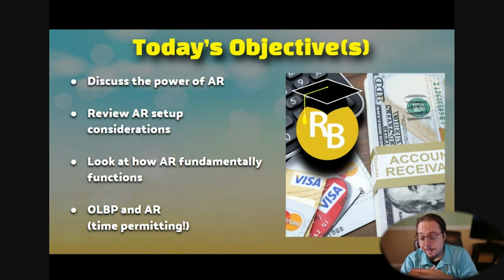And then last but not least, if time permits, and I suspect that it will because AR is very straightforward, we're going to talk about how online bill pay synergizes with AR. Most, if not all of you, have the online bill pay module. It was a one-time add-on that most of you got when you signed up with RB. For next to nothing, it's $15 a month, flat, not per customer, total $15.